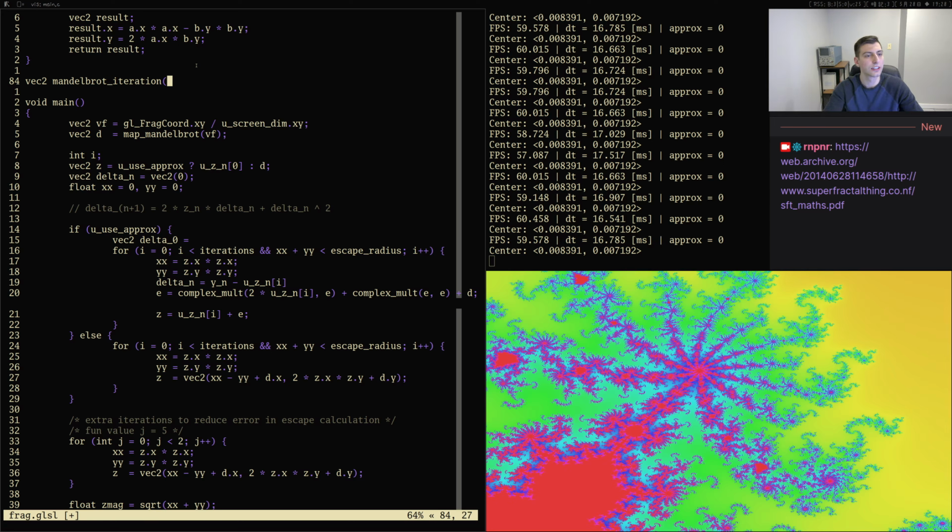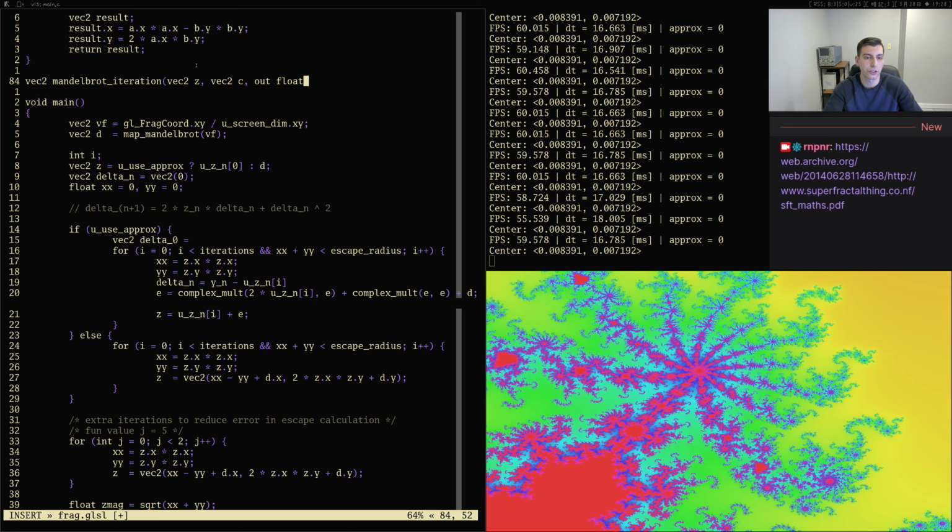Well, it's okay. It's going to take a vec2 z, technically a vec2 c, which we're not really using right now, but that's okay. And then it's going to have a couple of out parameters because we just need to know.